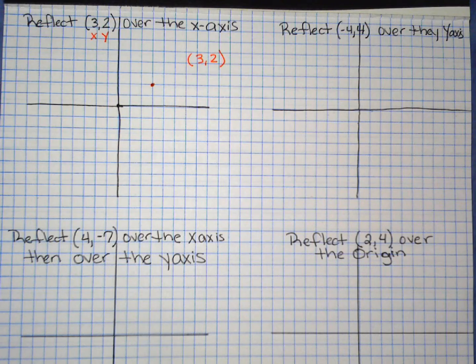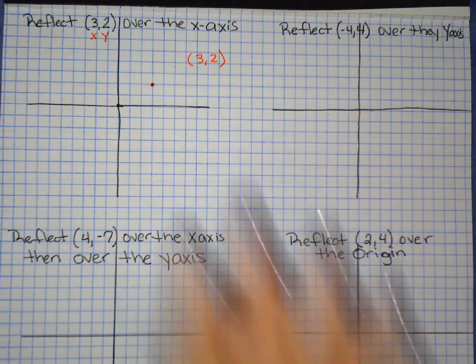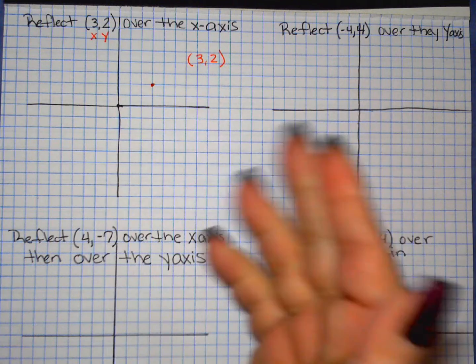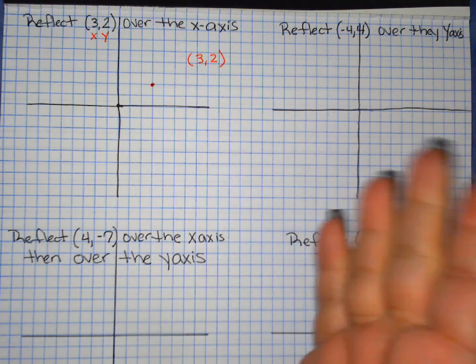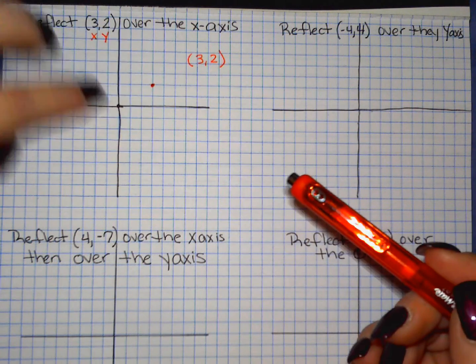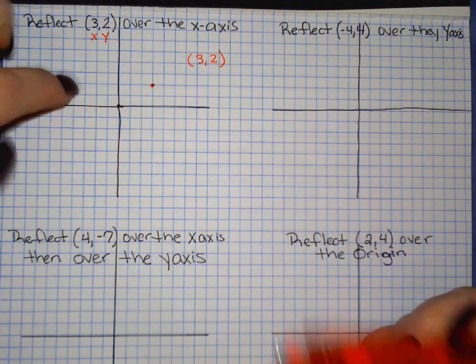Now, I have to reflect it, and what I want you to think about is if we folded this piece of paper right along this line, and we folded it in half, where the point would be on the other side is the reflection. It's like a mirror image, okay? This is the mirror and the image is over here, okay?